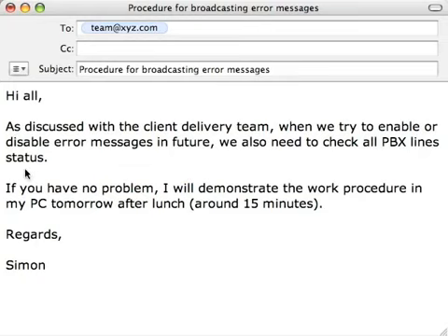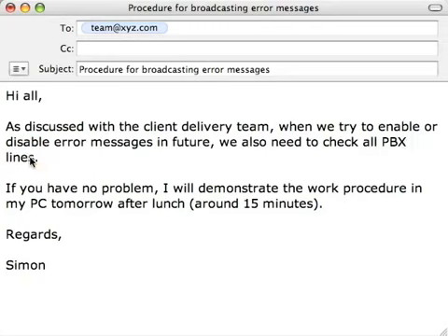Now, if you look at the very end of this paragraph, you can see that we have exactly the same problem that we had in the subject line. This final phrase, check all PBX line status, is confusing because it's missing some of the very short English words that we use to add structure to our writing, such as articles and prepositions.